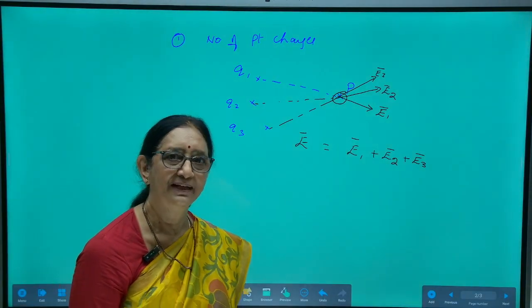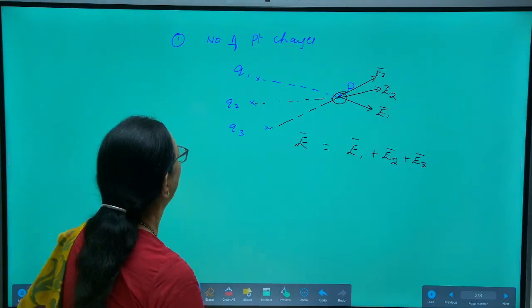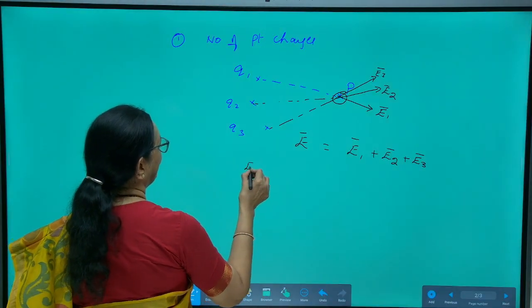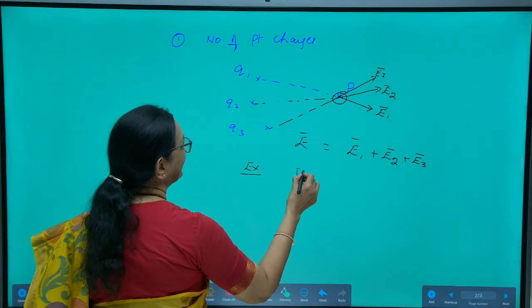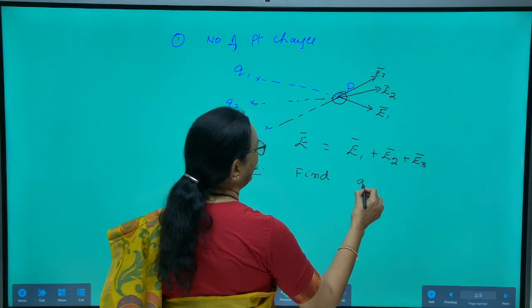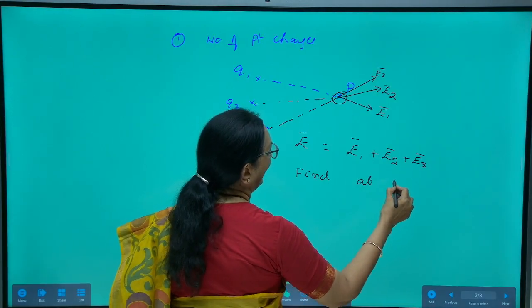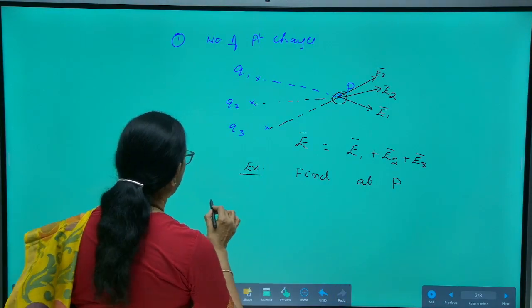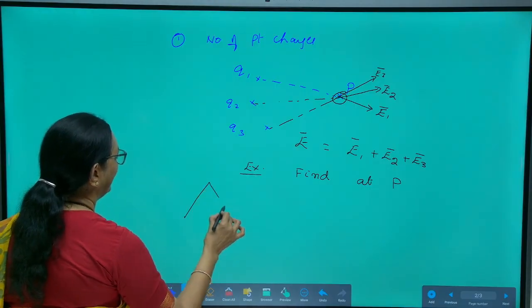Is it okay? Just I will tell you one example based on this. Example: find electric field intensity at any charge placed at the point P. So, this is the diagram given.